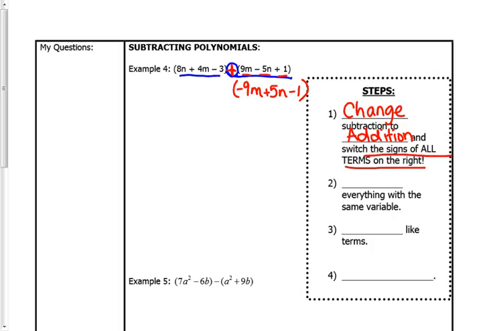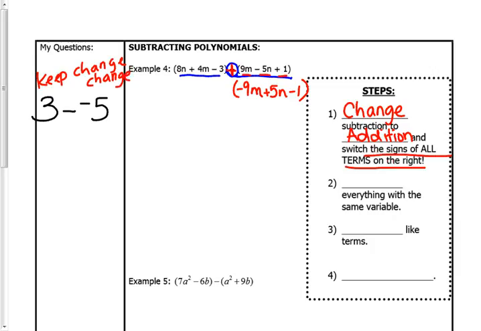Now the reason that we do that is because it kind of works out this way. If I had 3 minus negative 5, typically you might have learned this in the past. If you have minus, you do the keep, change, or keep change switch you might have heard before.